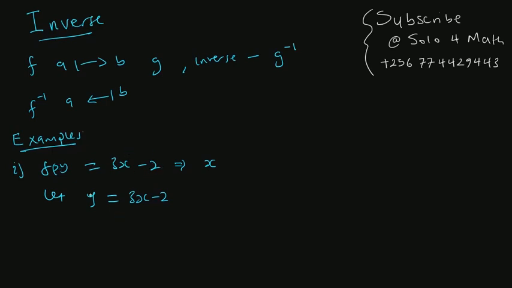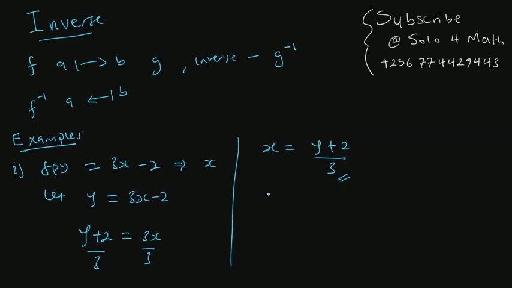So we let that function be y in this case, and then try to make x the subject of the formula. I'll bring 2 to this side, so I'll have y plus 2 equals 3x. If I want to get x, I divide by 3 on both sides, and we end up with x as y plus 2 over 3.